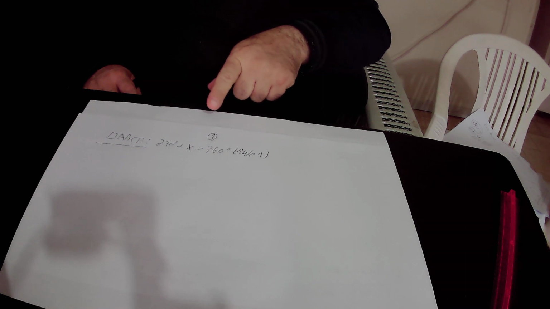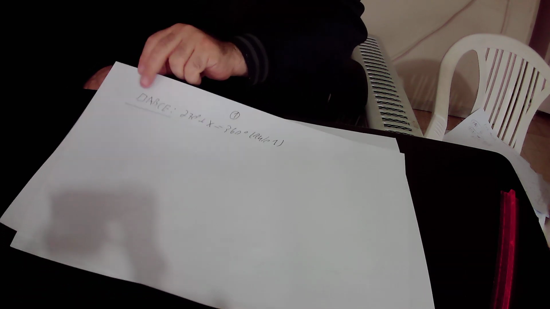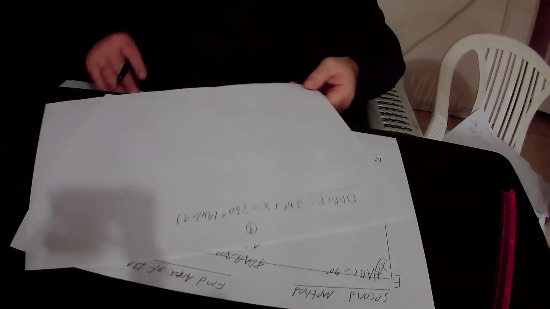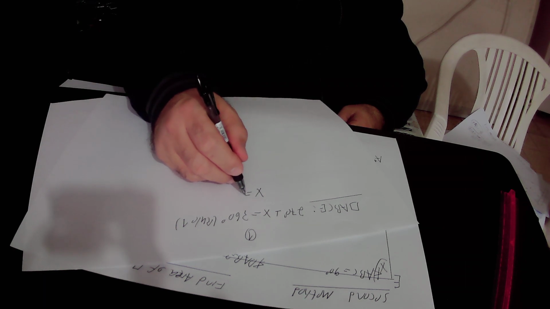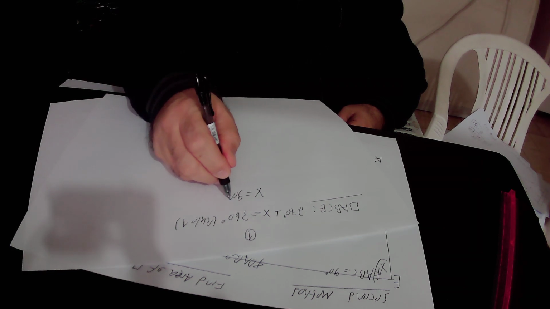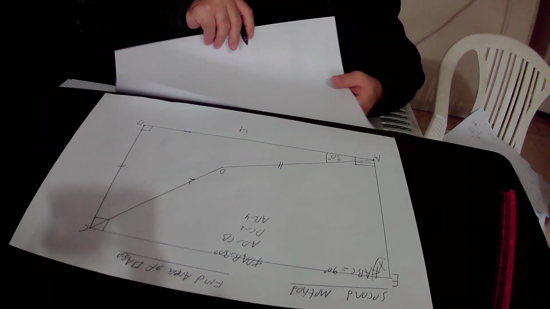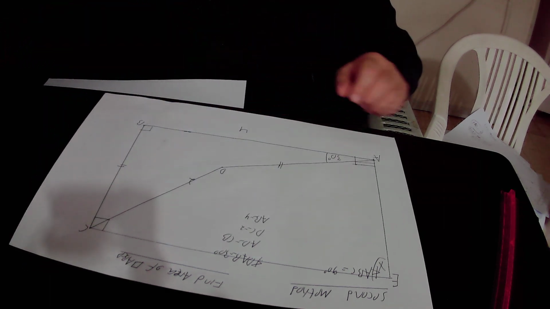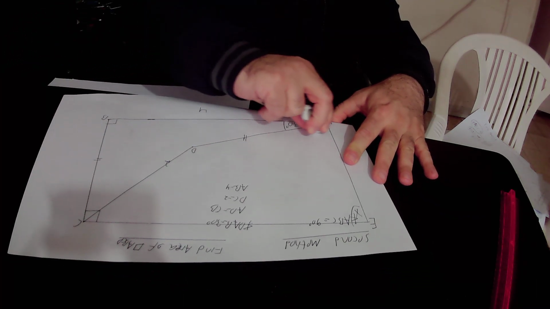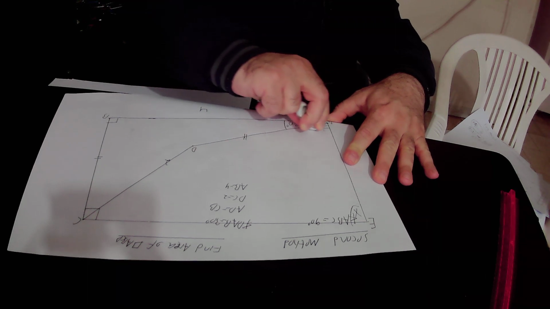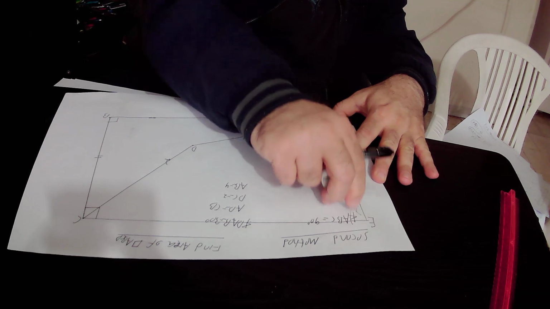We will subtract 270 degrees from this equation, and we will get that the value of angle X is actually equal to 360 degrees minus 270 degrees, which is 90 degrees. So we found out that the value of angle X is equal to 90 degrees. That is to say, it is a right angle, so we can substitute angle X by a right angle.